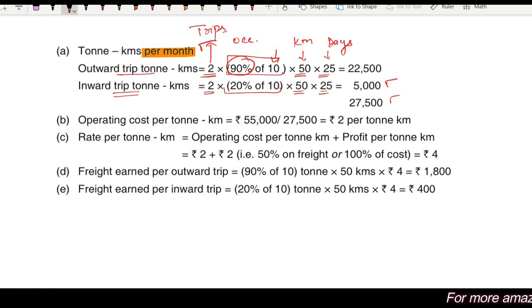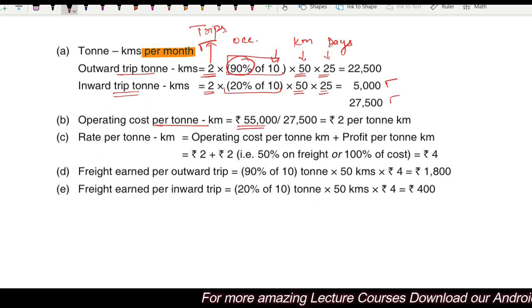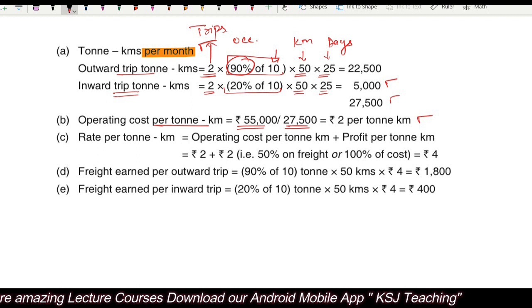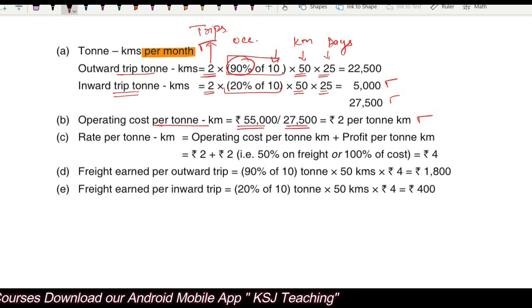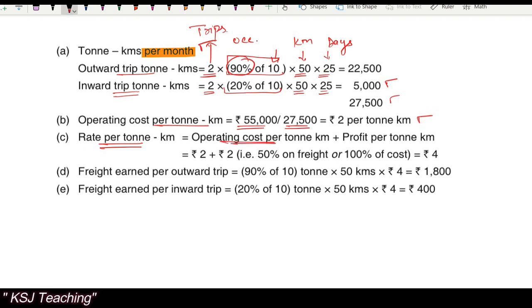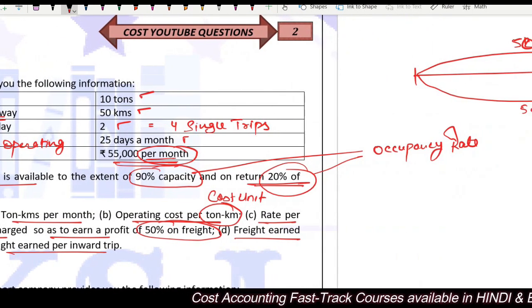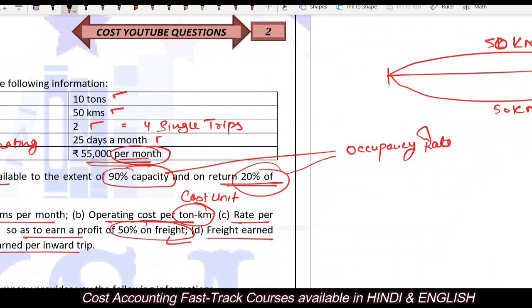Okay. Then operating cost per ton kilometer: operating cost is given, divided by ton kilometer, rupees 2 per ton kilometer. No issues, right? Now rate per ton: operating cost per ton is 2 as we have calculated here, plus the profit per ton. Now see, profit is given as 50% on the freight. What is your freight? Freight is your sales value.